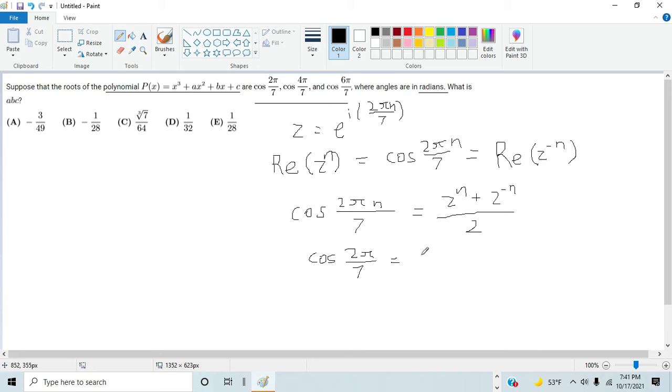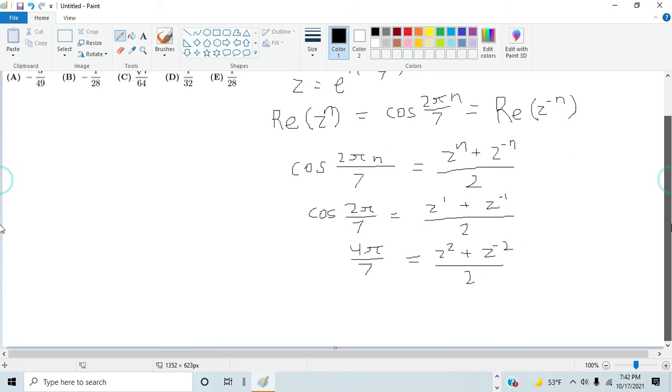So in the case of 2 pi by 7, n is equal to 1, so we'd write this as z to the positive 1 plus z to the minus 1, by 2. With 4 pi by 7, we'd write it as z squared, since here n equals 2, plus z to the minus 2, by 2.